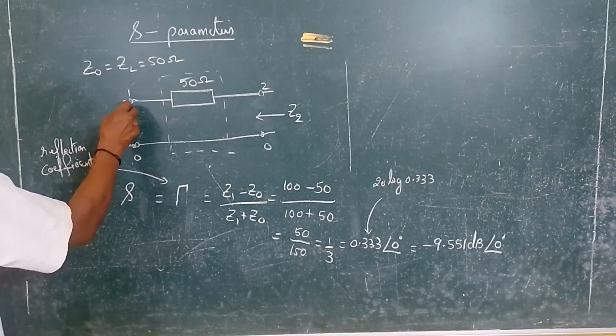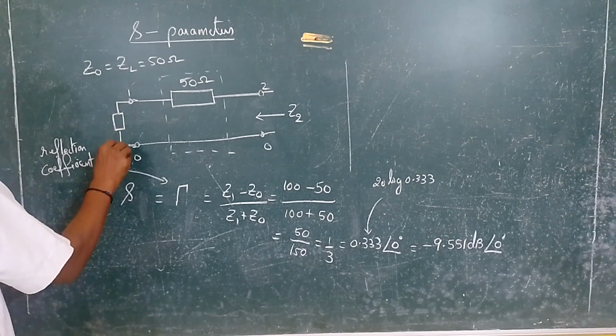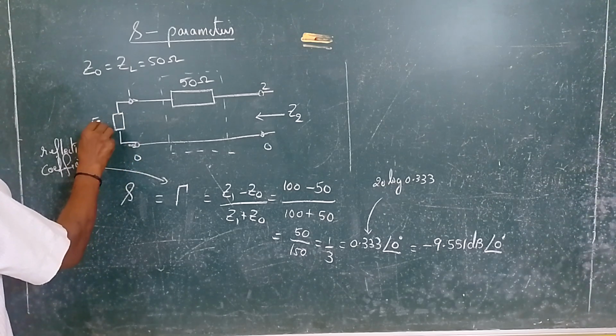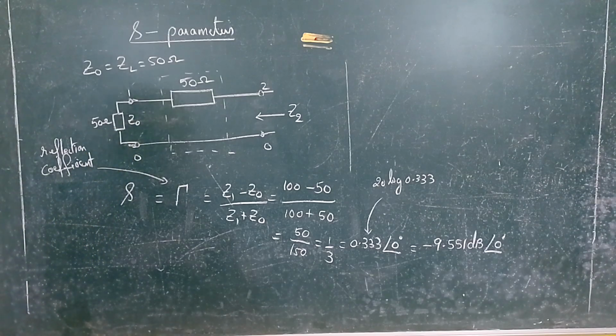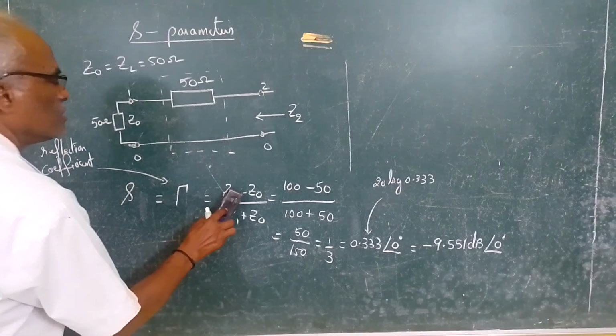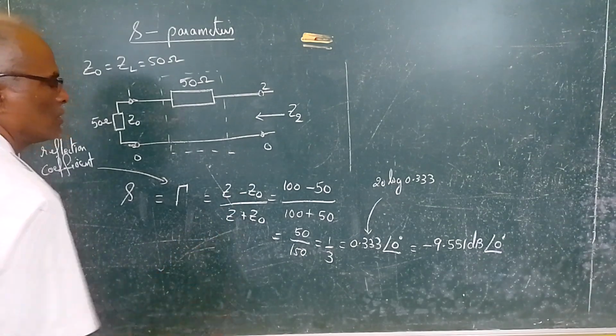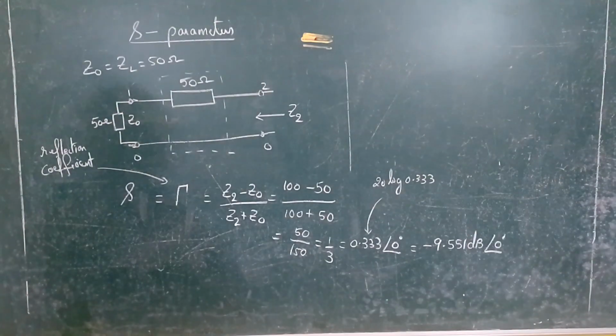And the port 1 terminal is terminated with Z0, that is, this is 50 ohms, Z0, which is equal to ZL. So the formula for this is Z2 minus Z0 divided by Z2 plus Z0.